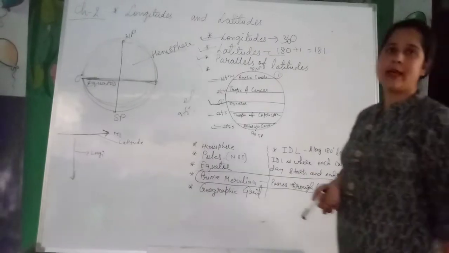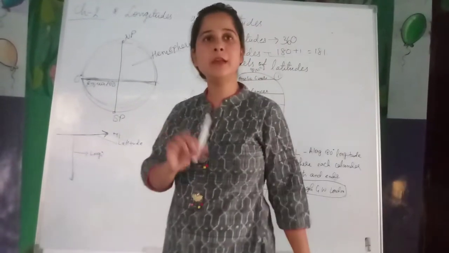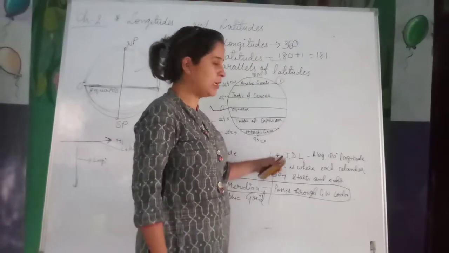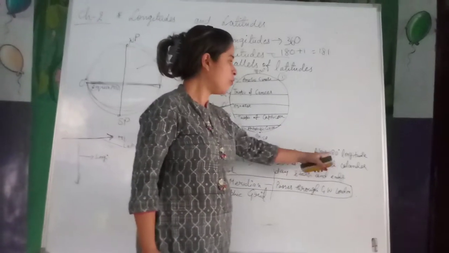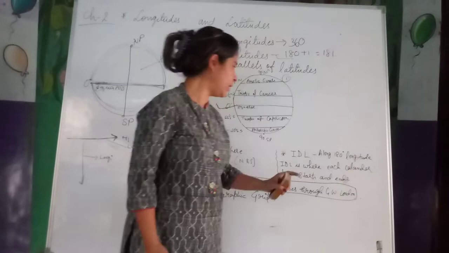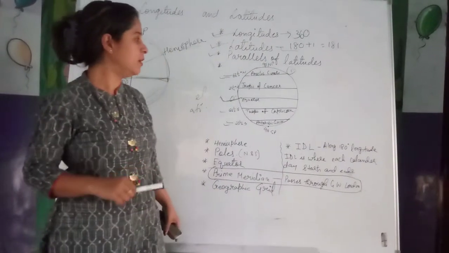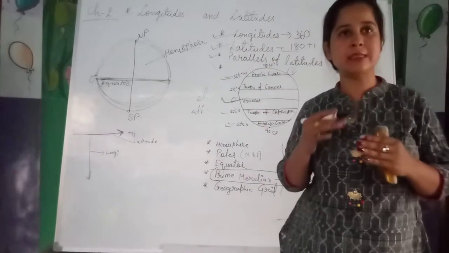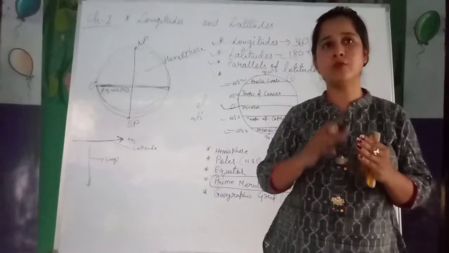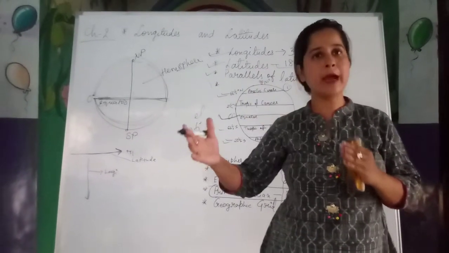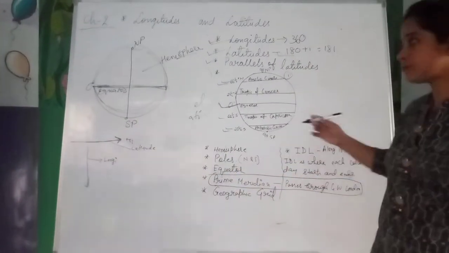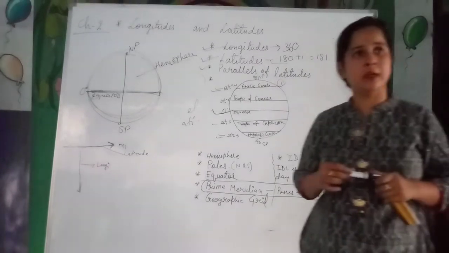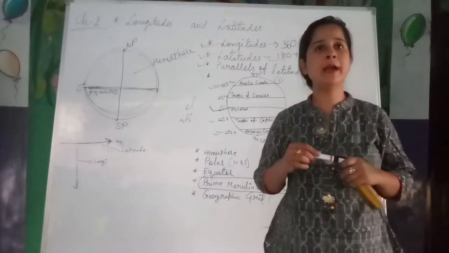IDL means International Date Line. Along the 180 degree longitude, the IDL is where each calendar day starts and ends. This is the line where calendar dates change, starting and ending at the same time. So this was the basic concept about this chapter, longitude and latitude.